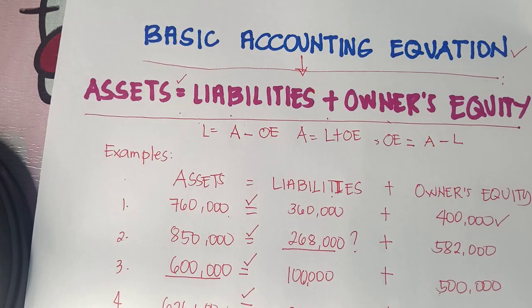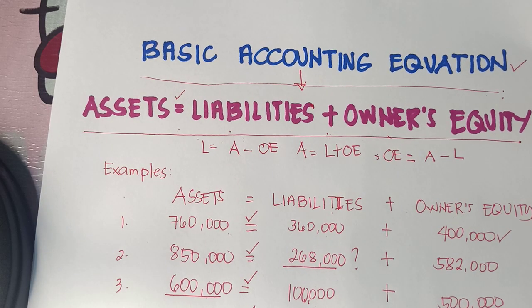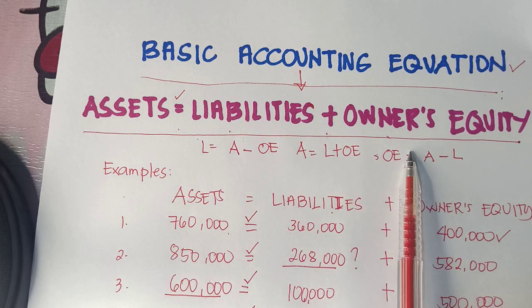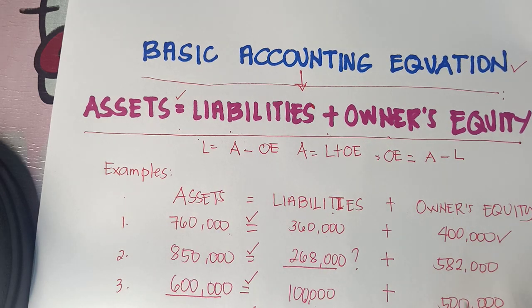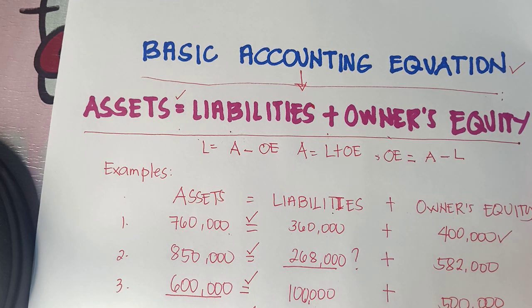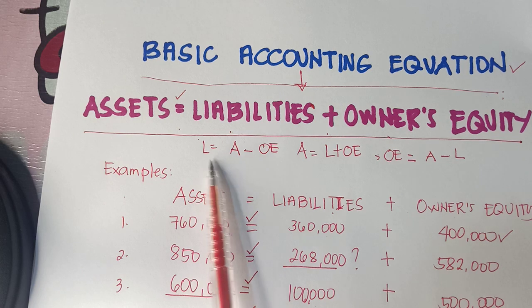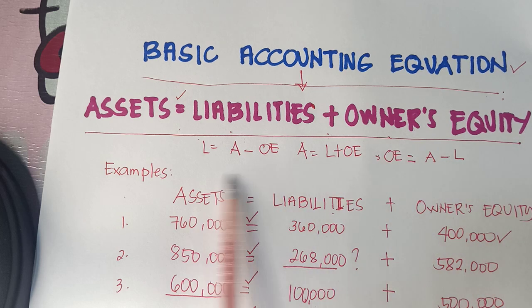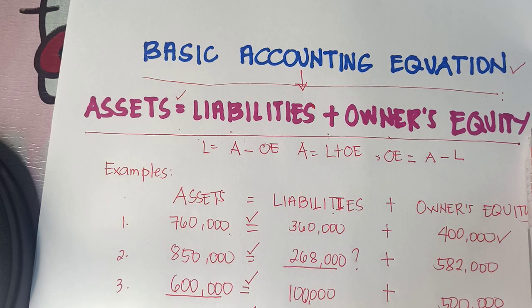So again, always remember that the basic accounting equation is assets is equal to liabilities plus owner's equity. If we have to find the missing amount, just remember the accounting equation because everything revolves around it. This is where we learn how to get the value of those missing amounts. You can also use these other forms, which also come from the accounting equation.